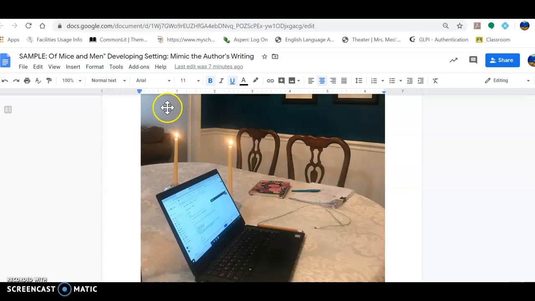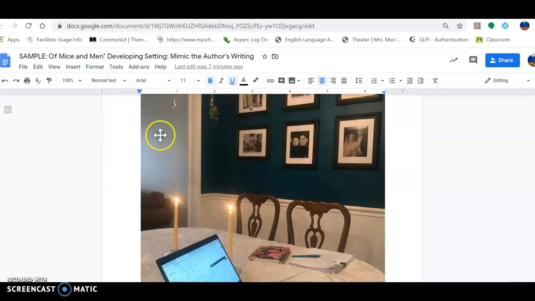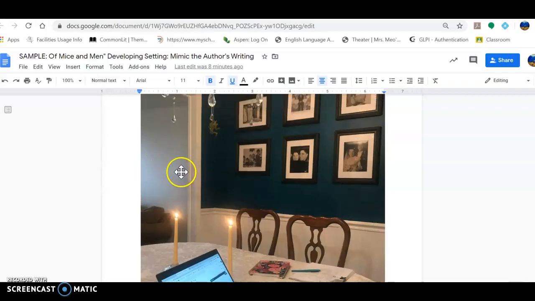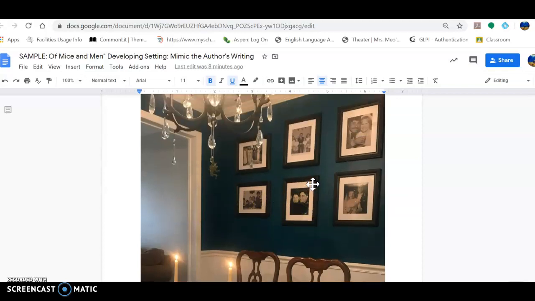But also, I don't know if you can tell on the left-hand side of the picture, there's a different type of light that is pouring into the space. And that's because I have two sliders on this left-hand side, and this is the daylight that is pouring into the room. So it's a little bit of a different type of light. So that's my quick analysis of my space in my room.